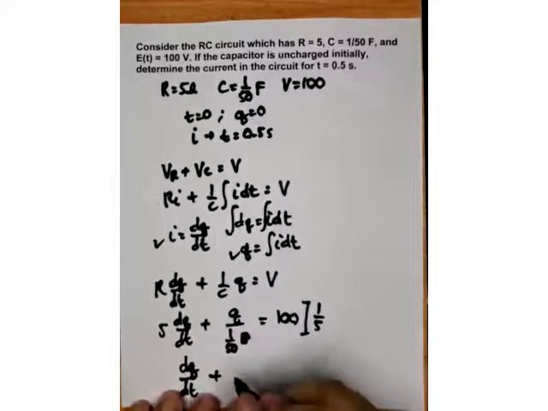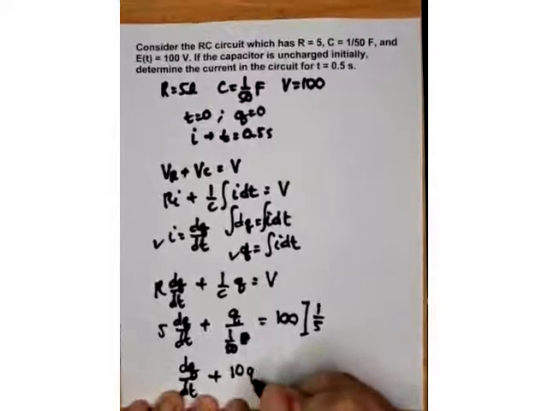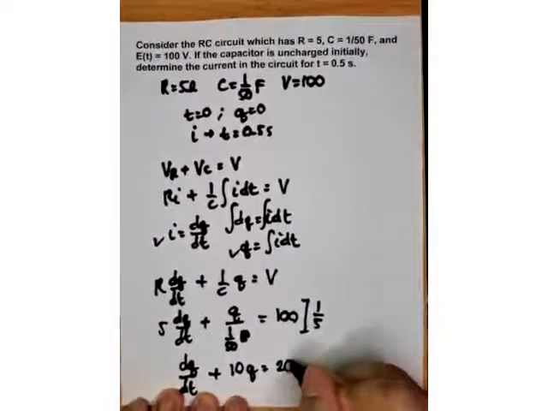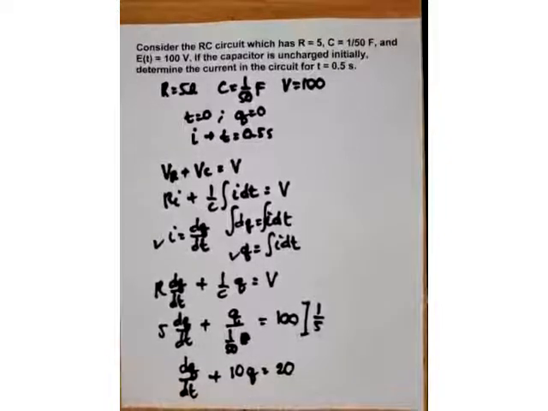Tama ba ako? 10? Ayan. So, tama ba yung pag-simplify ko? So, that's a 1 divided by 5 over 50. Okay, so yeah, that's 10. And then 100 over 5, so that is 20. Ayan. Okay?